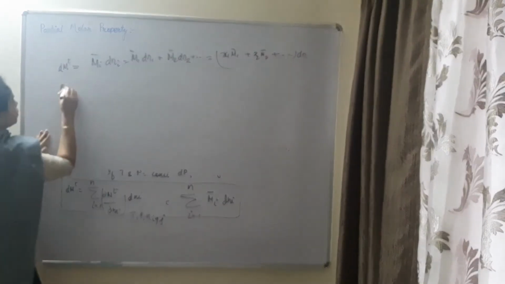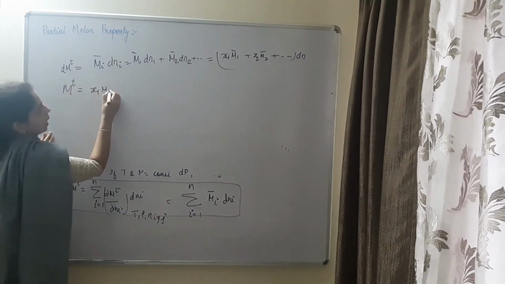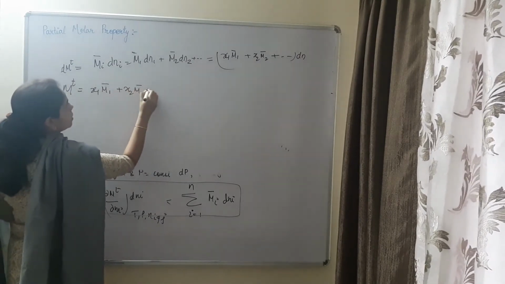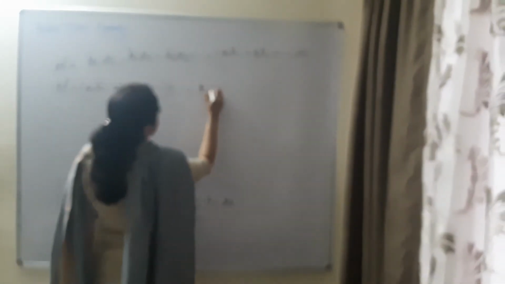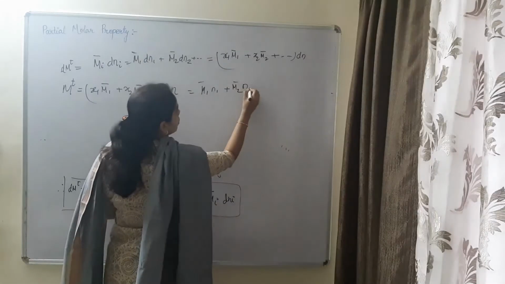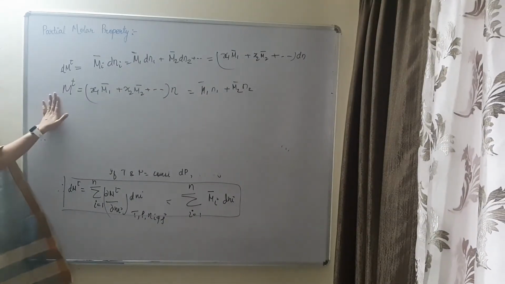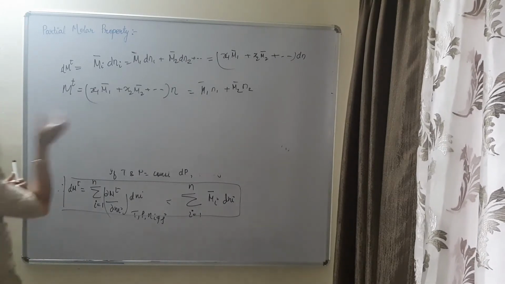So the partial molar property is x1 m1 bar plus x2 m2 bar and so on, and similarly m1 n1 plus m2 n2, right? So you can see here the total property of the solution.